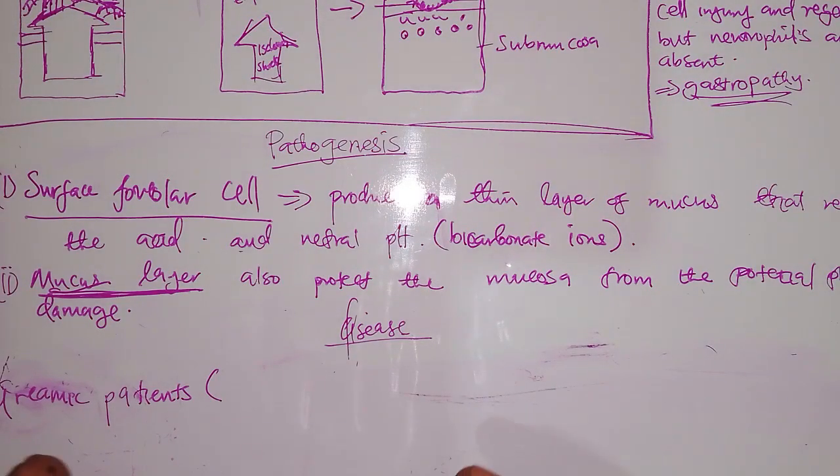These patients can develop ulcers due to the inhibition of the gastric bicarbonate transporter. We know that bicarbonate ions are responsible for making the pH at the surface of the mucus cells neutral, because they neutralize the what? The acid. But if they are not transported to the surface of the cells, they won't be able to protect the what? The mucosa.